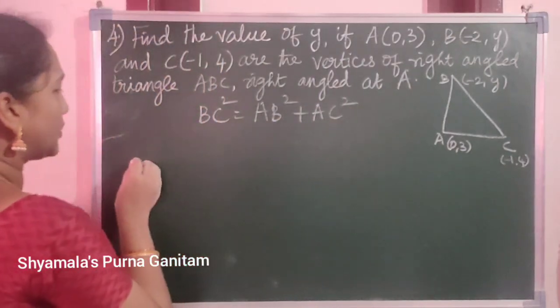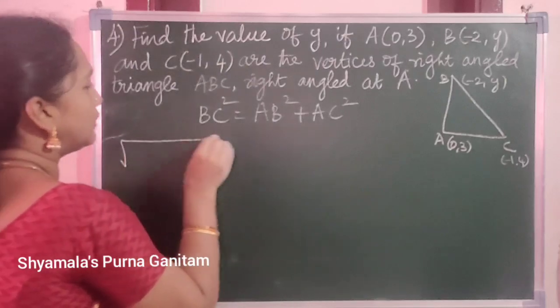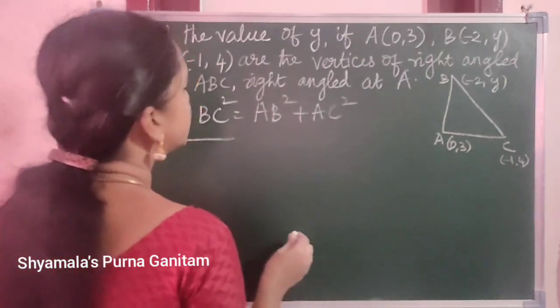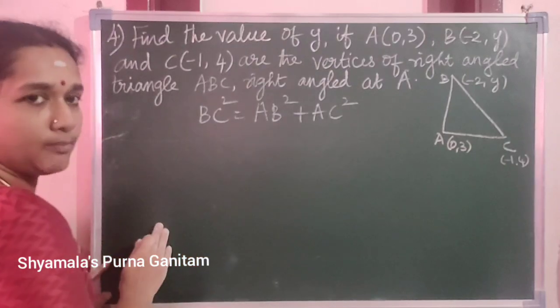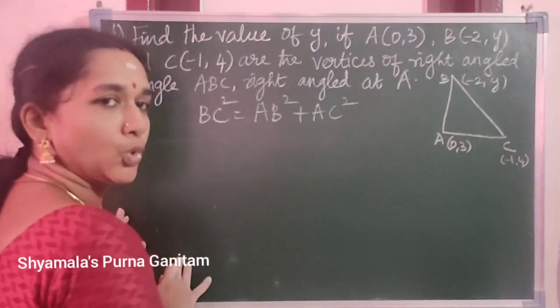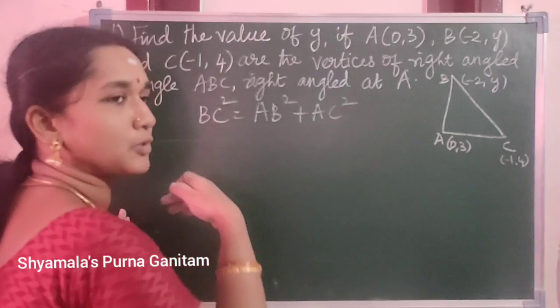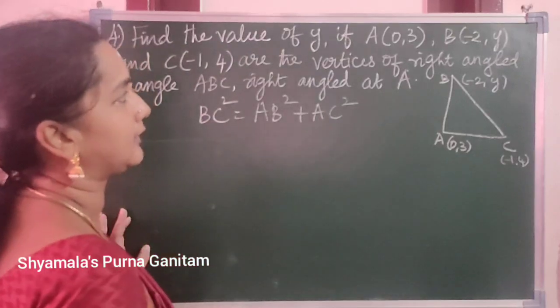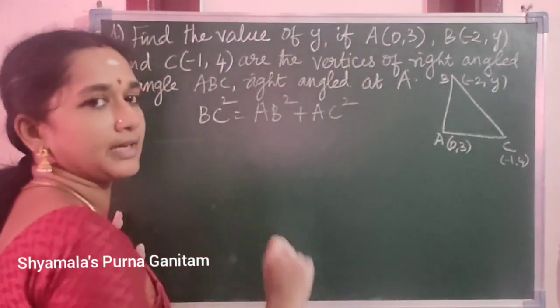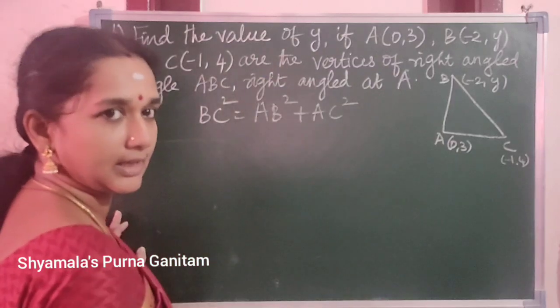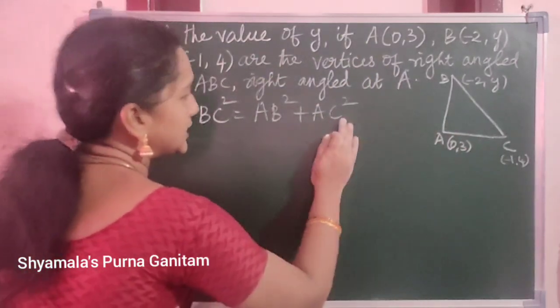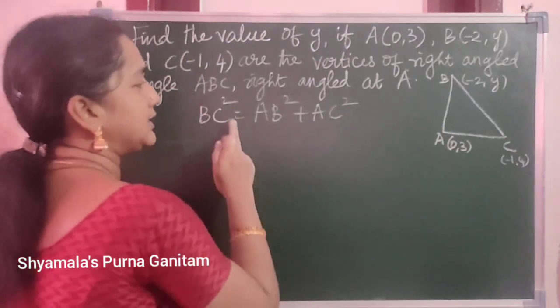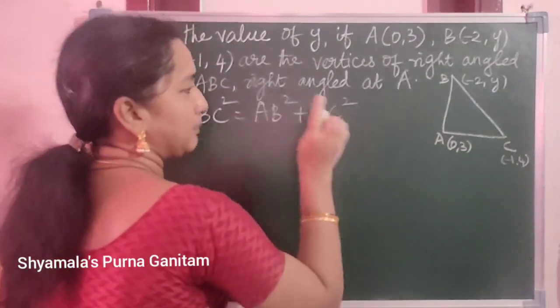Using the distance formula, we will find the lengths. BC squared means we don't want the root. Since it is a right angle triangle, we have to use the Pythagoras theorem to find the lengths of the sides. We have to prove this statement of the Pythagoras theorem: BC squared is equal to AB squared plus AC squared.